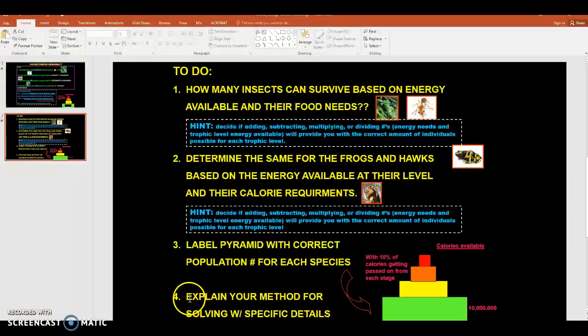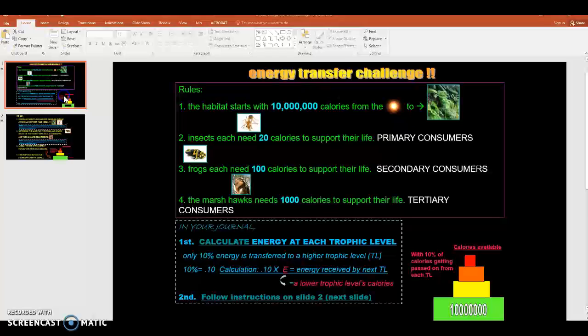Finally, in your notebook, you need to explain your methods for solving this energy transfer challenge. How did your team work together to solve the energy transfer challenge? I specifically want examples of your math calculations. I want to see the work filled out for step 1.